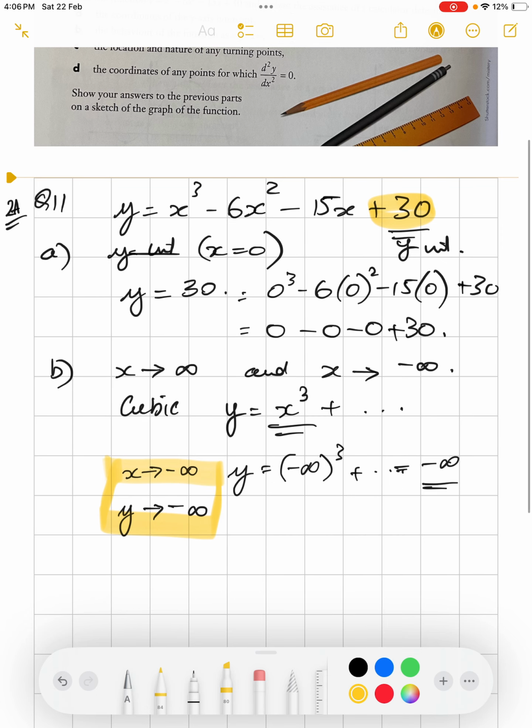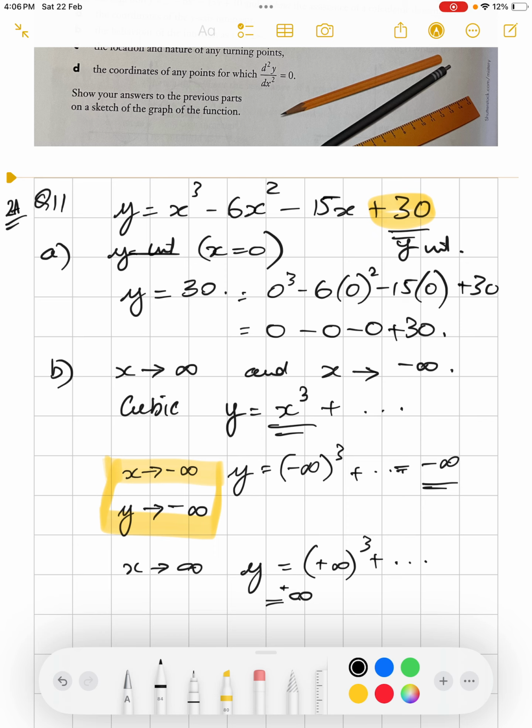Now as x approaches positive infinity, we're going to get a positive infinity cubed, which is going to be approaching a very large positive value. So y will be approaching positive infinity as x approaches positive infinity. So those go together.